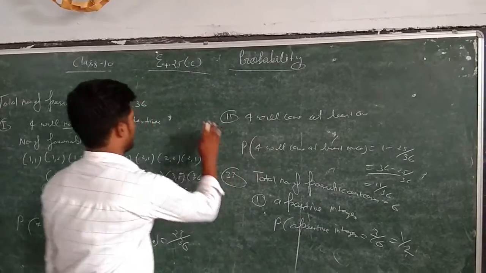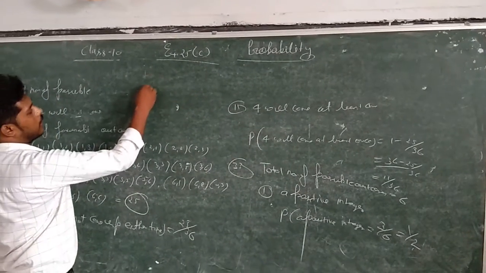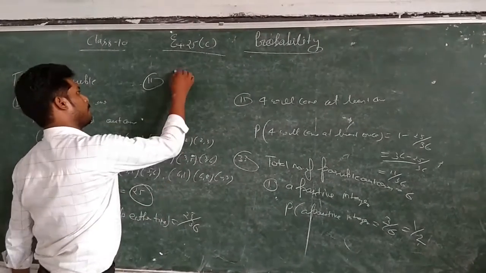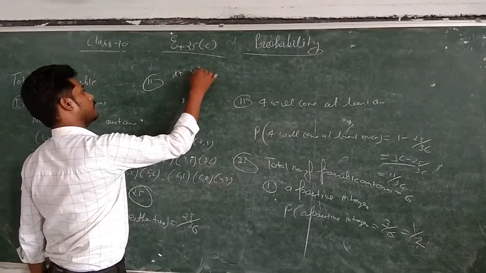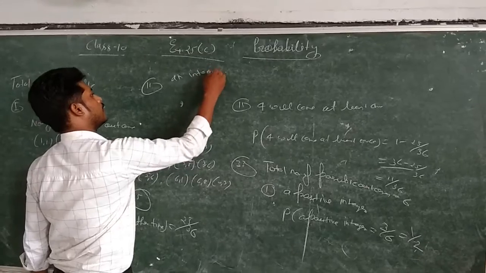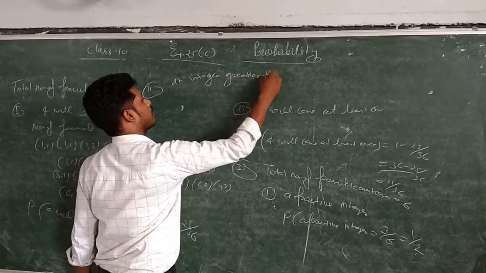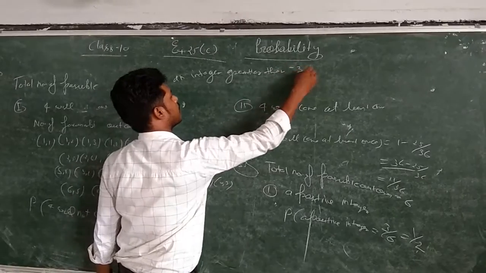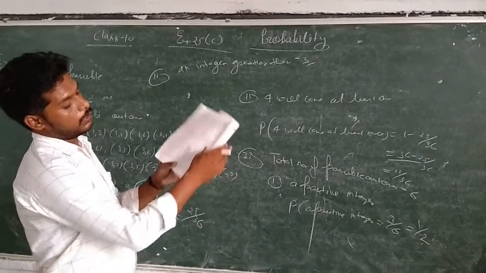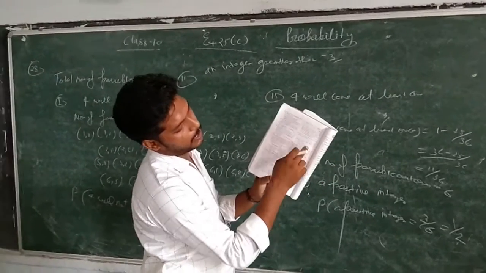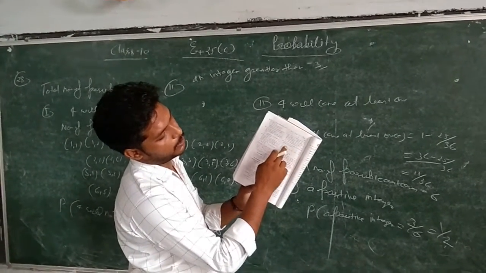If we talk about the second point, it is an integer greater than minus 3. The numbers which are greater than minus 3 are minus 2, minus 1, 1, 2 and 3.